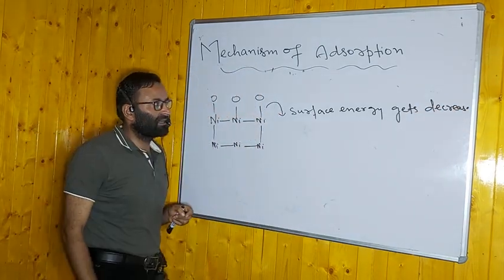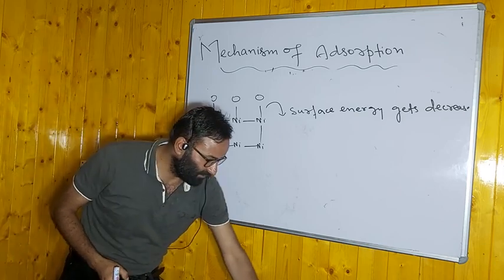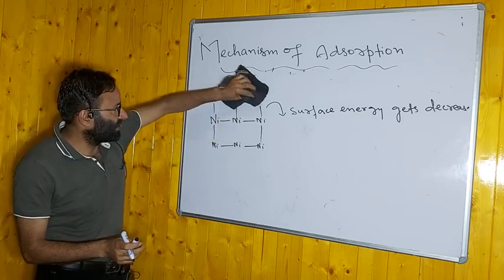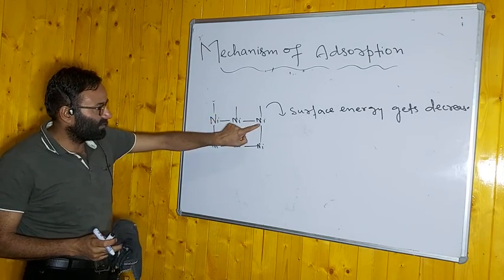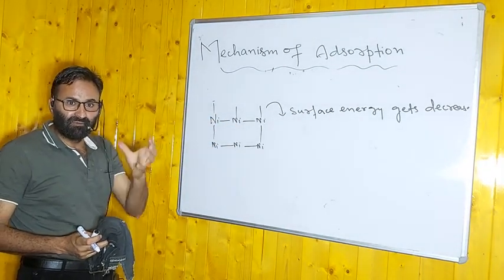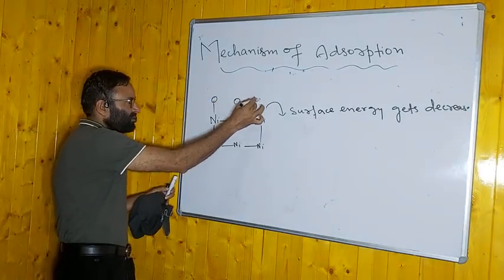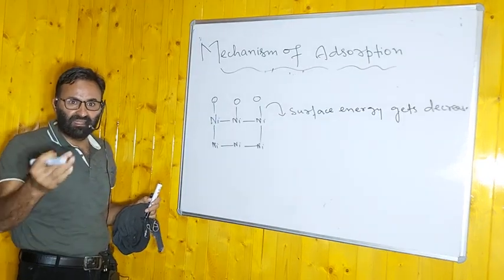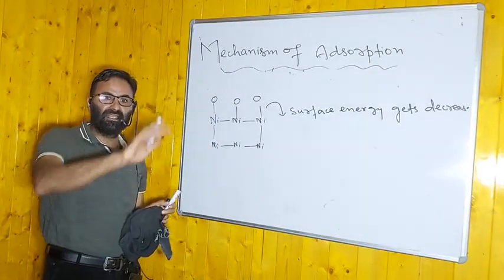How does the surface energy get decreased? You have to mention, if there are no adsorbate molecules, these are unstable, they have high energy, they are highly energetic. They want to become stable. They undergo interaction with the adsorbate molecules. When there is interaction, either van der Waals or the strong interaction, energy gets released.